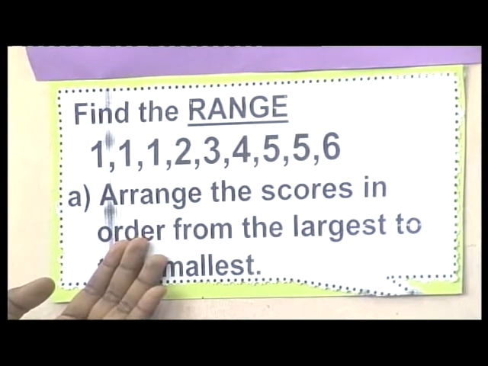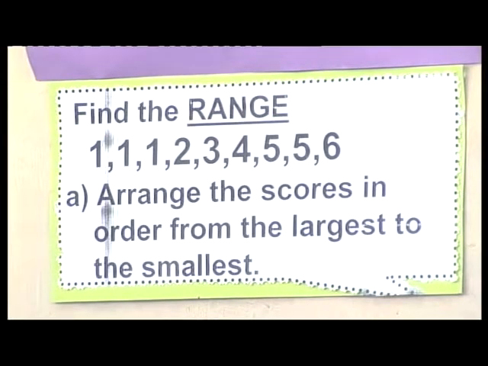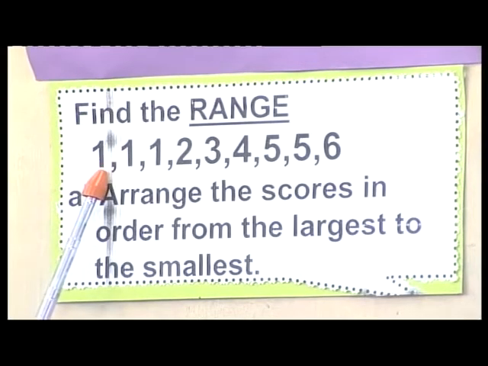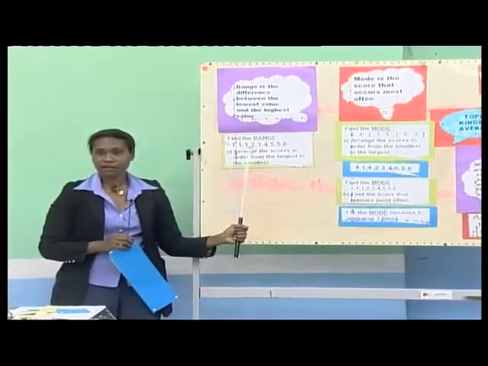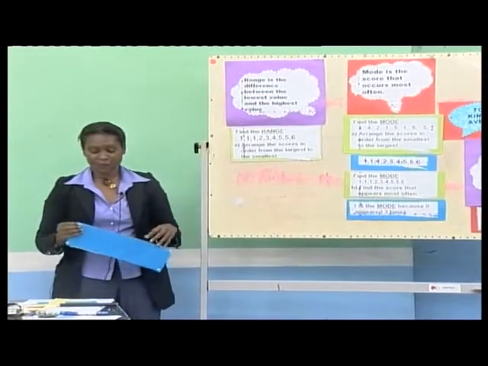Highest value in this number of scores? Victoria? Six. Very good. The highest value in this set of scores would be 6. And class, what would be the lowest? 1. So 6 and 1 are the two values that we are going to use to find the range.